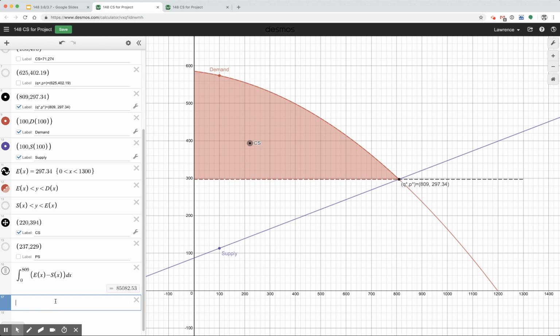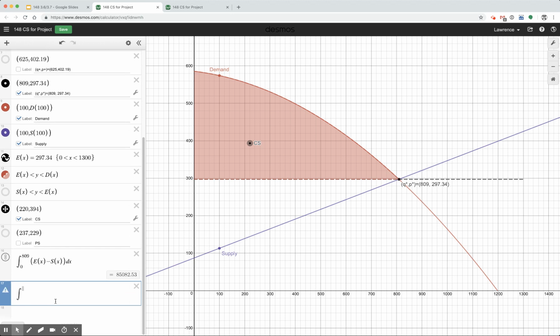I can compute the integral, int, from 0 up to 809. I'm going to open parentheses to tell it what I'm taking the integral of. Since I'm looking for the area between demand and the flat line E, the demand function is going to be the upper function, so that goes first.